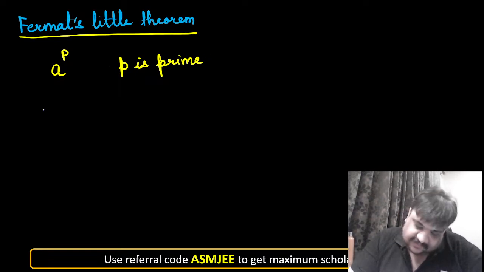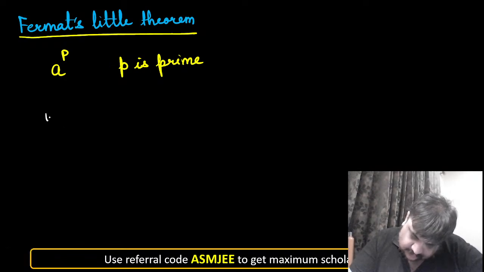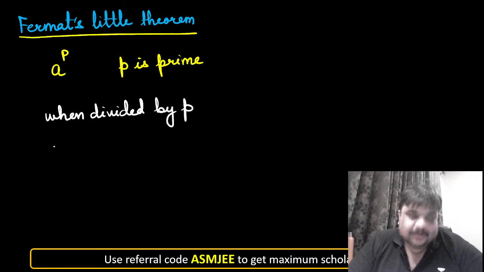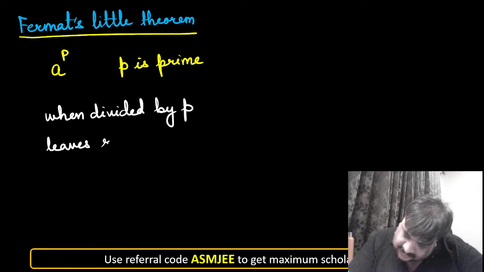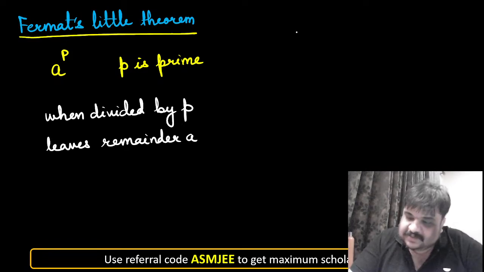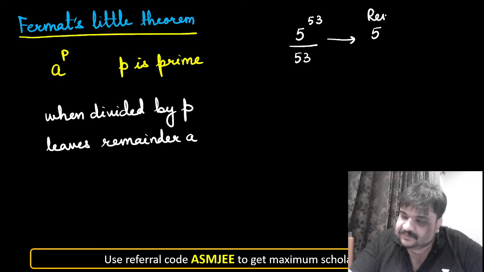A raised per p when divided by p leaves remainder A. So basically, if suppose you are dividing 5 raised per 53 by 53, you will get remainder 5. That is what it says.